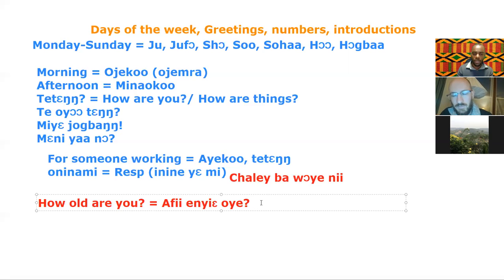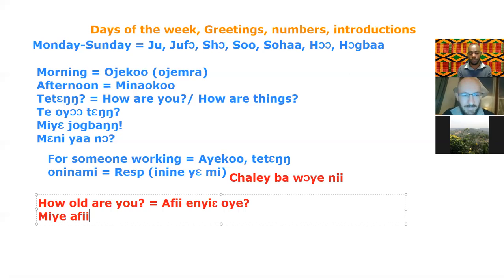And what will be our response if you're going to respond to this? First thing, miye, because it's a possessive pronoun, miye. Afi, plural. Okay, this is where the numbers come in. But a lot of the times these days, if you should ask an older person, they will use Ga, like I just said. But if you are asking a younger generation who don't know their numbers, they'll say inye 20.